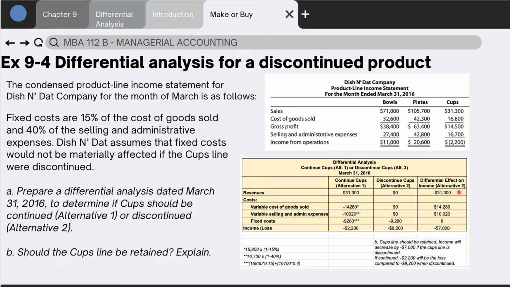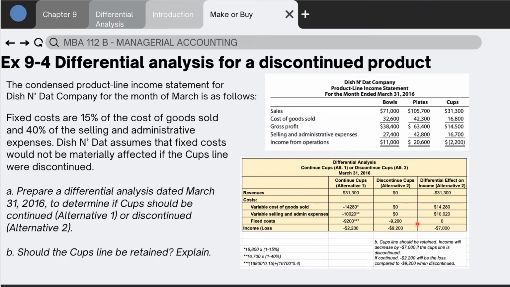So in this case, if you're going to discontinue the cups, the differential effect on income will be a negative 31,300. And for the variable cost of goods sold and selling and admin expenses, since alternative 2 will be discontinuing the cups, it will be a positive amount, 14,280 and 10,020.